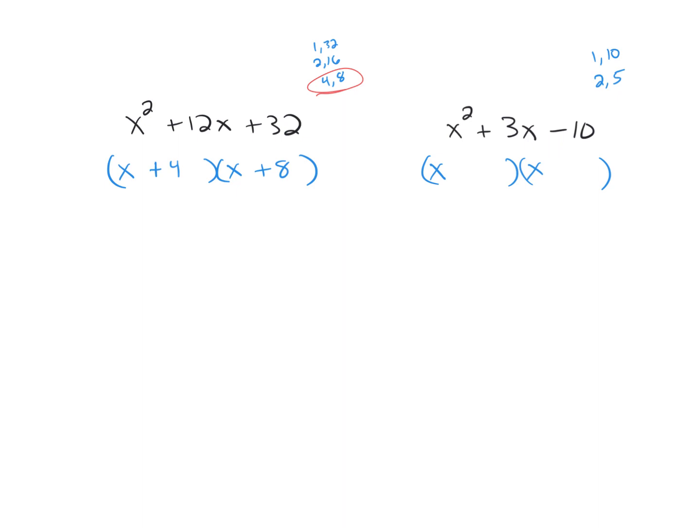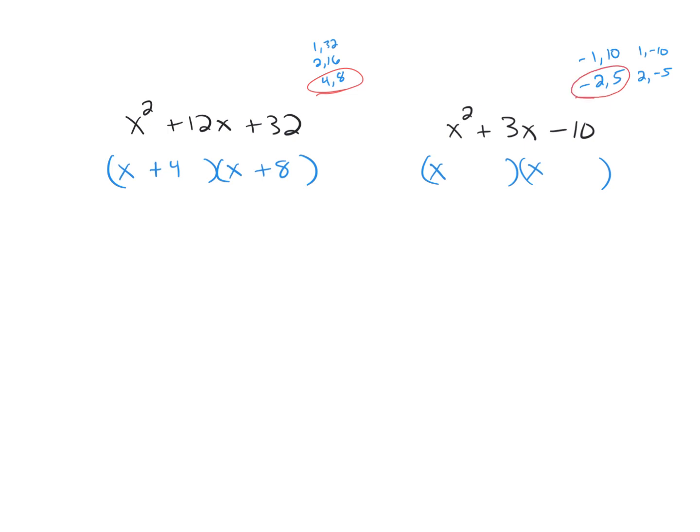So if I were to write them all out, it would look like this instead. It would be negative 1, positive 10, or it could be positive 1, negative 10, negative 2, positive 5, or it could be positive 2 and negative 5. So when you look at these and you want them to add to give you a positive 3, that would be this pair right here.